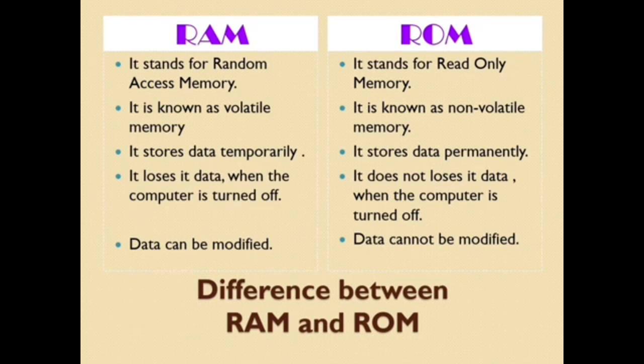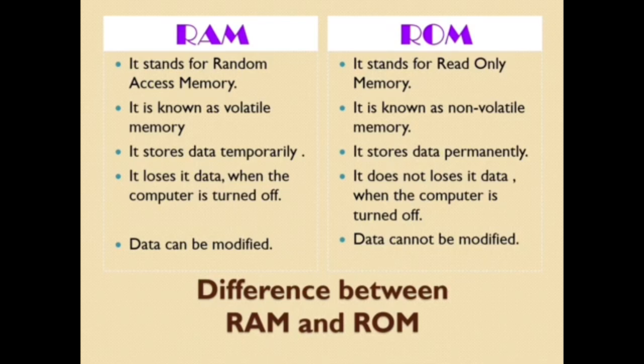So the first point, RAM stands for random access memory. R refers to random, A refers to access, M refers to memory, and on this side ROM stands for read-only memory. That is R refers to read, O refers to only, and M refers to memory.